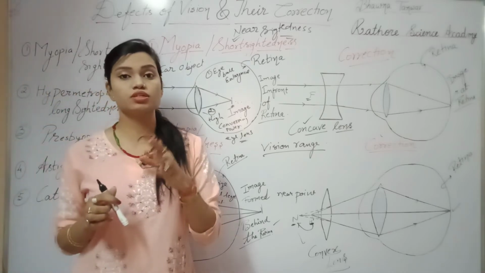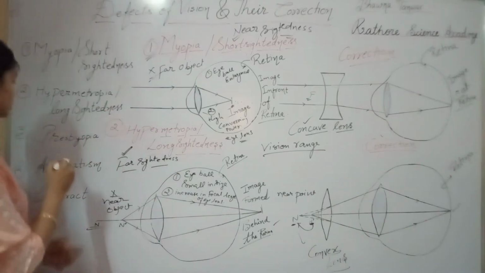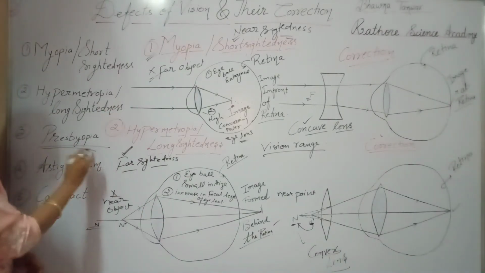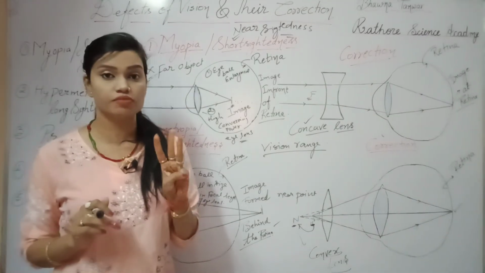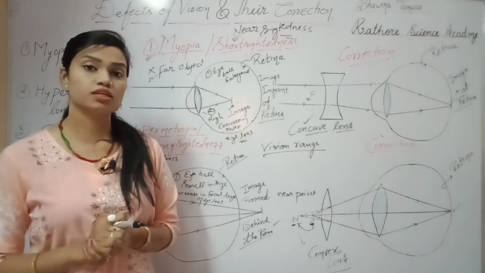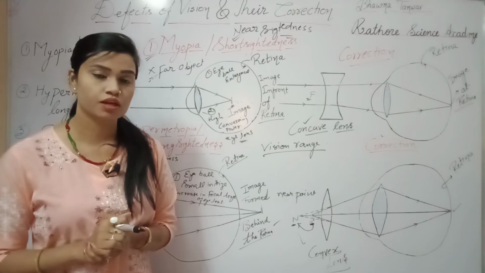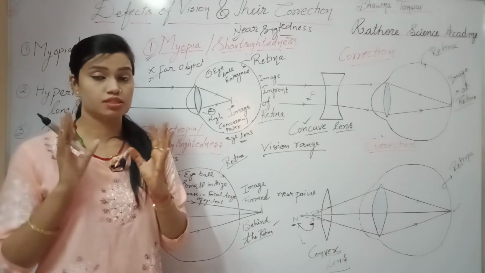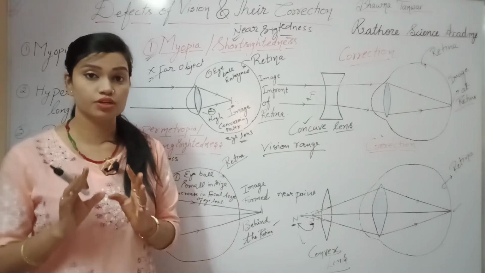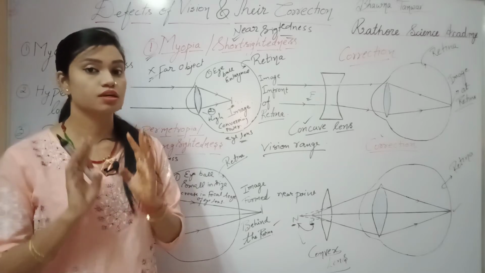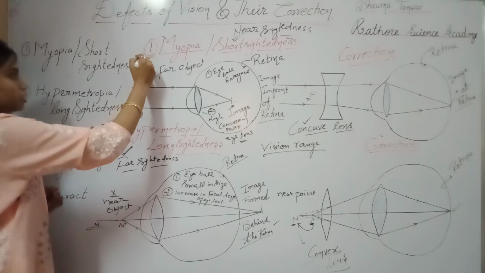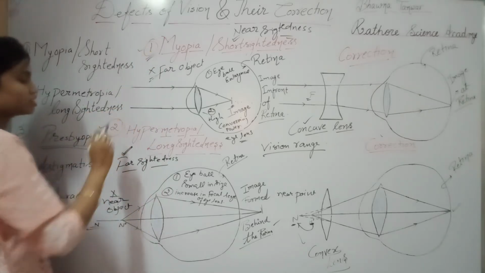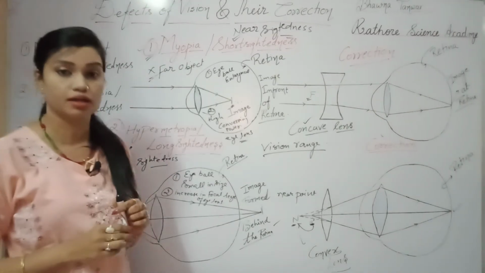Now come to the third defect of the eye, that is presbyopia. Presbyopia is the third defect of the eye. What happens in case of presbyopia? Presbyopia is that defect of the eye in which the person will suffer from both myopia as well as hypermetropia.